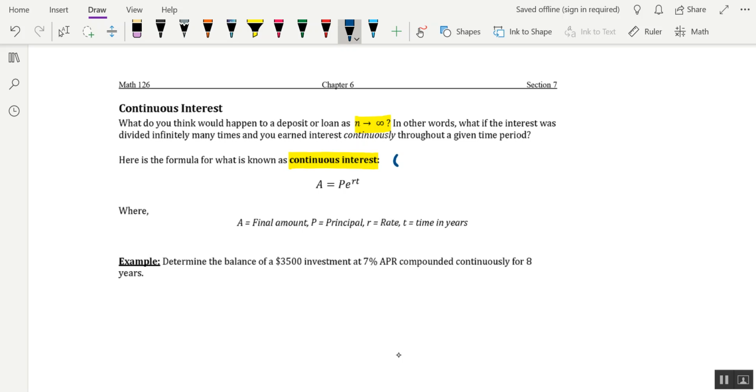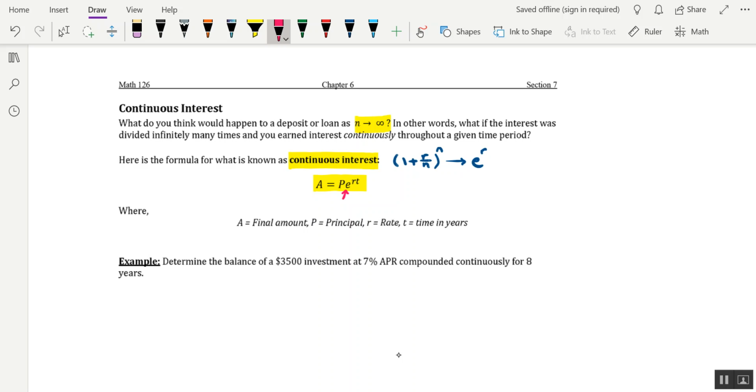Specifically, this part of the formula, (1 + r/n)^n, gets replaced by e to the power of r. And we end up getting what's often referred to as the PERT formula. A, which is the final amount, is equal to P, your principal, times e, the 2.718-ish number, and in the power of e, we have the product of the rate times time.